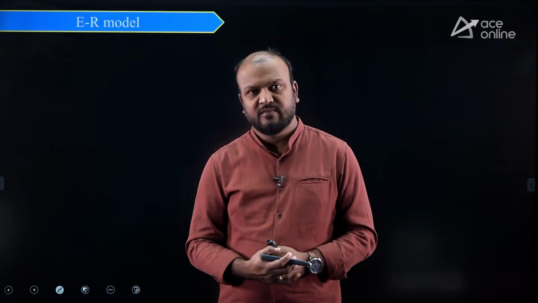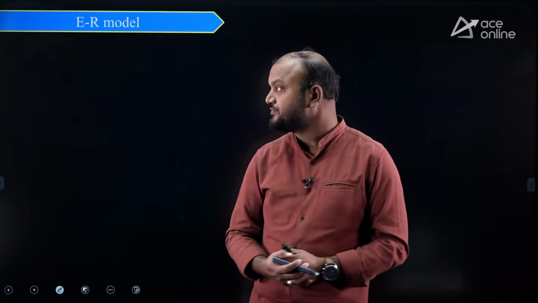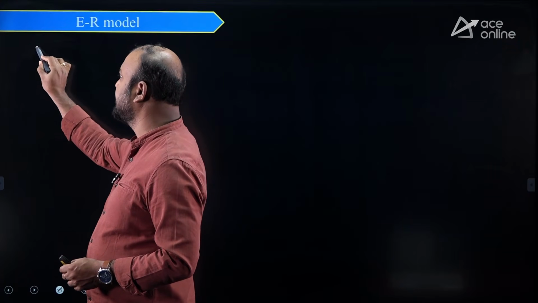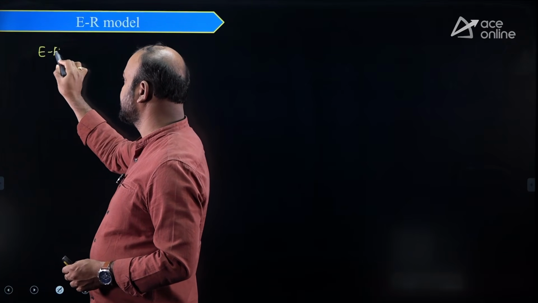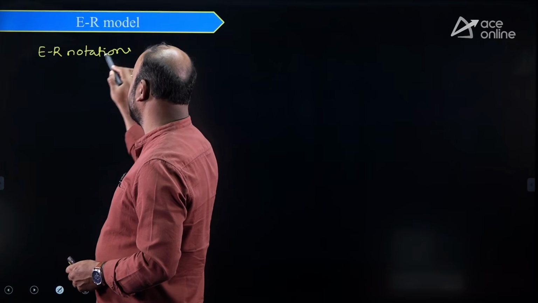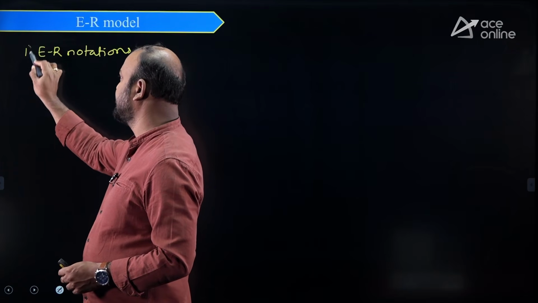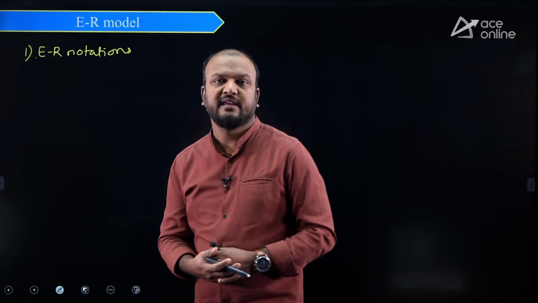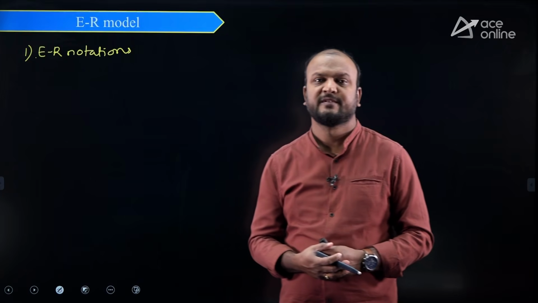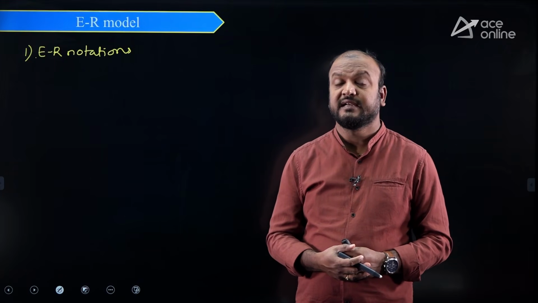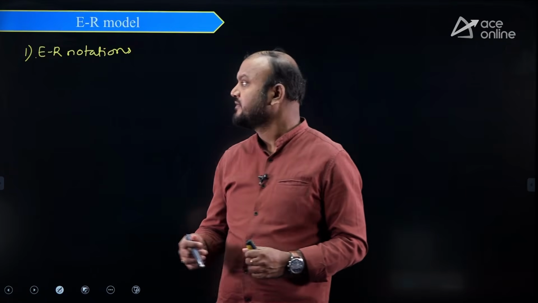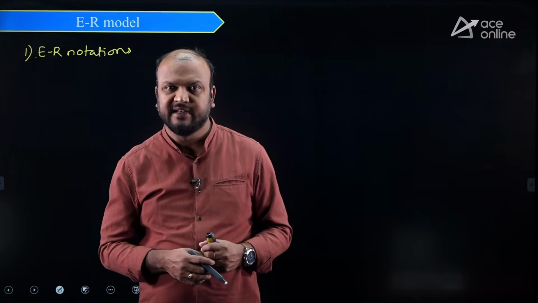When you see ER models, what kind of questions were asked? In ER models, they have asked questions on ER notations. This is the first thing. What is entity, relationship, attributes, and the notations of those attributes, like a multi-valued attribute is to be represented with a double ellipse.